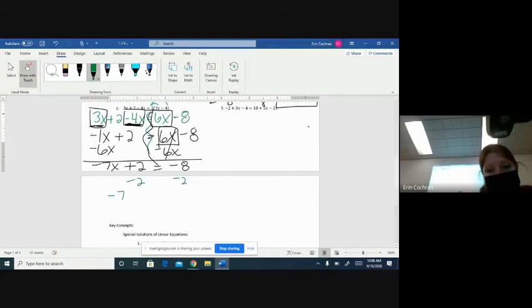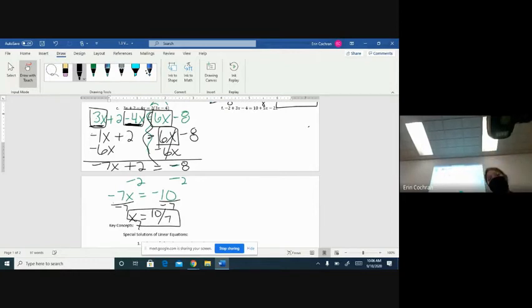So we have -7x. Now, because these are both negative, it's going to stay negative, and we're going to make it a negative what? 10. And then how do I get rid of the -7? Divide it. So x equals 2 negatives make a positive. So 10/7. Okay. I can't divide it. Now, make sure if you see those 2 negatives, you always make it a positive, okay?